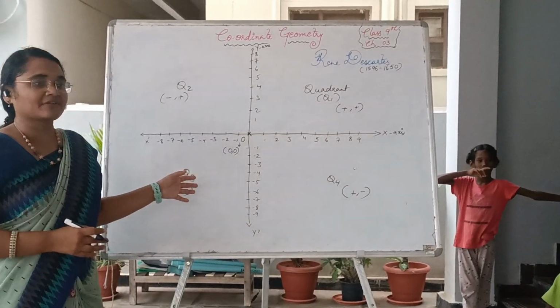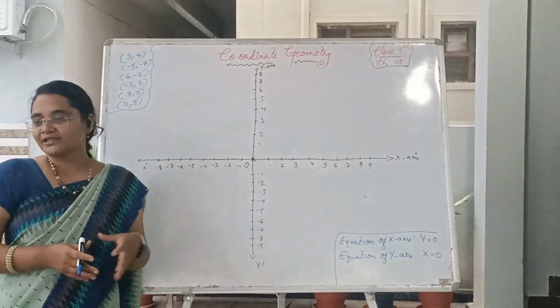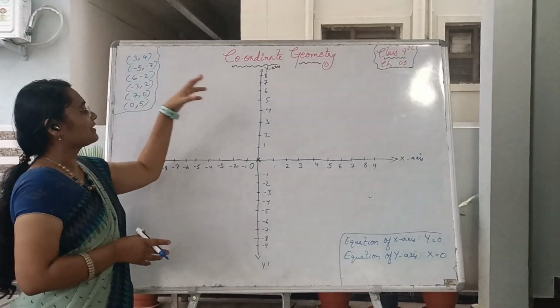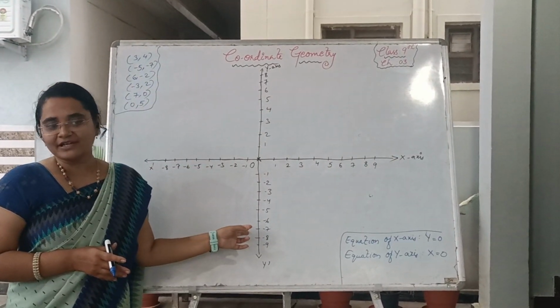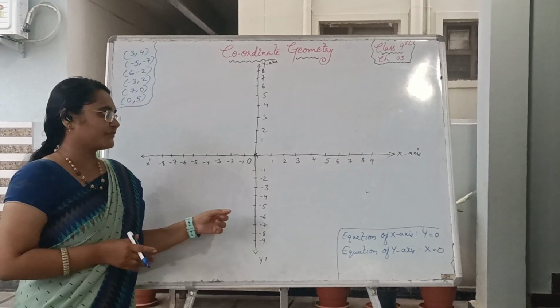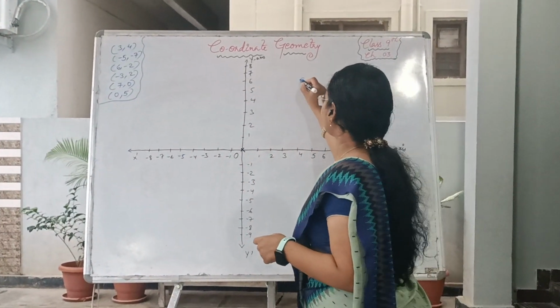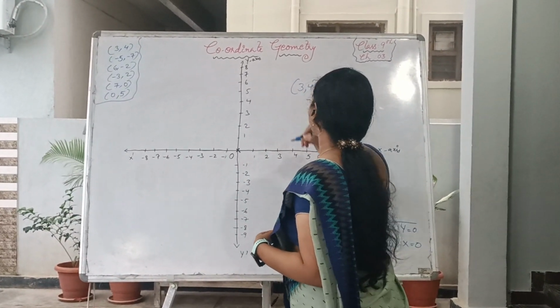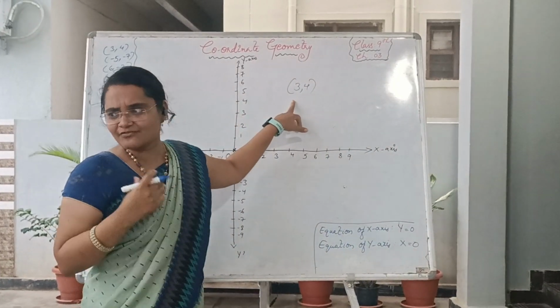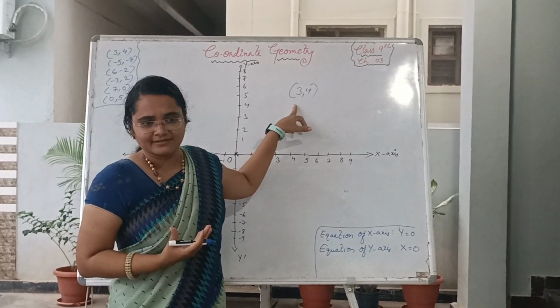So what do we have here? Can you say, students, in which quadrant the point (3, 4) will come? First quadrant. Very good. Whenever we take a point (3, 4), what is the first value called? Abscissa.